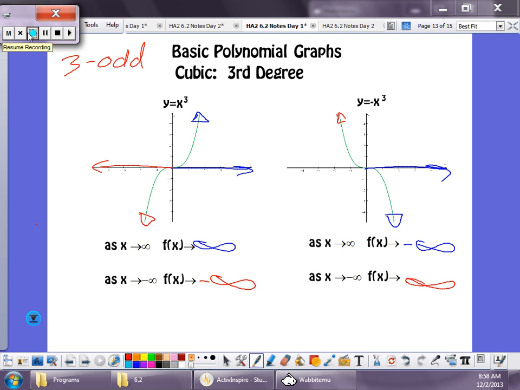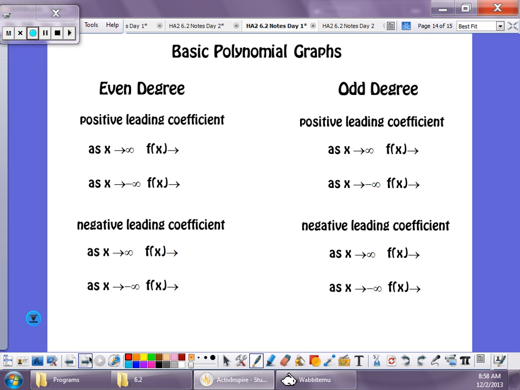So we're going to look at a chart that's going to be like a little cheat sheet for you. So here we have even degree and odd degree with a positive coefficient and a negative coefficient. When I think of an even degree, if I'm having trouble remembering, I always just think of the graph of x squared, because most people know that one. So x squared, this is positive, right?